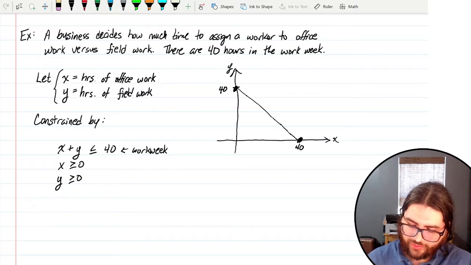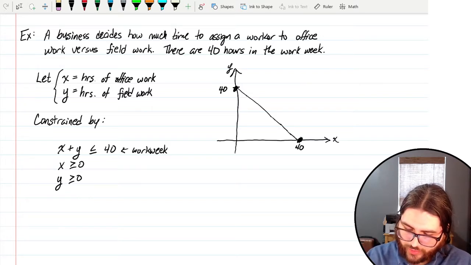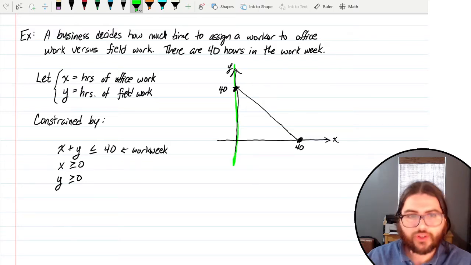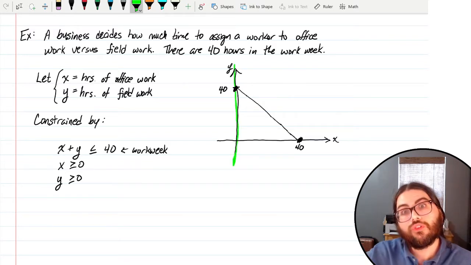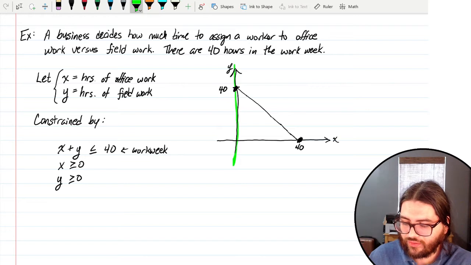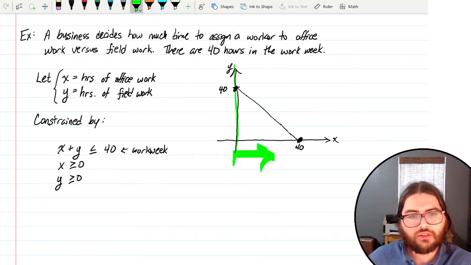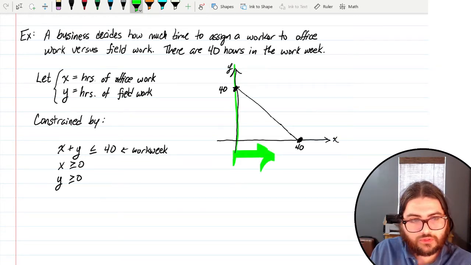We saw the X is greater than or equal to 0 constraint last week in the graphing systems of linear inequalities problems. We saw that that was one of the axes, and we wanted to shade in the positive direction. It's really hard to show that. I'm just going to have to make it a little bit thicker.